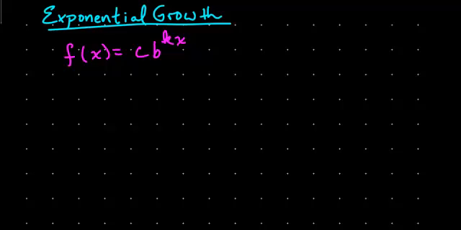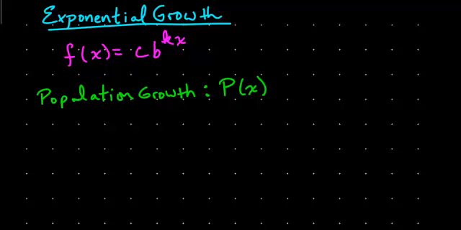For when we're talking about exponential growth, for example, for population growth, it's going to look like p of x equals, well, let me change that. A lot of times, instead of using the variable x, when you're talking about population growth, it's with respect to time.